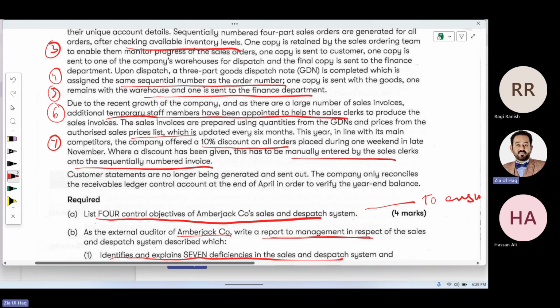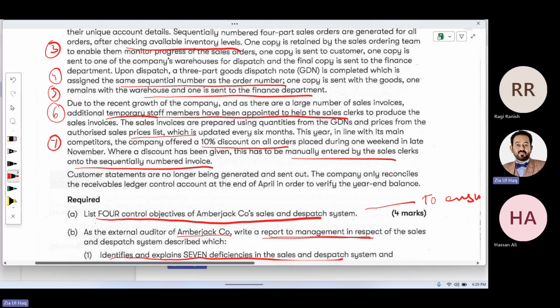Who is entering the discount? Clerk. He could provide a discount to a customer who is known to him. And he is manually entering the discount. So there could be chances of errors that will result in a wrong invoice amount and it can affect the customer.